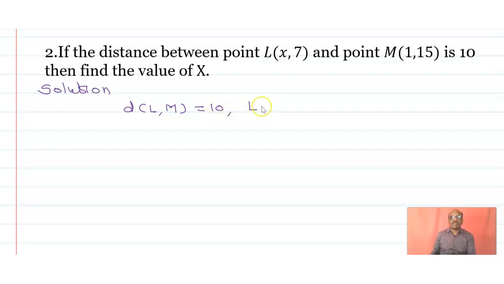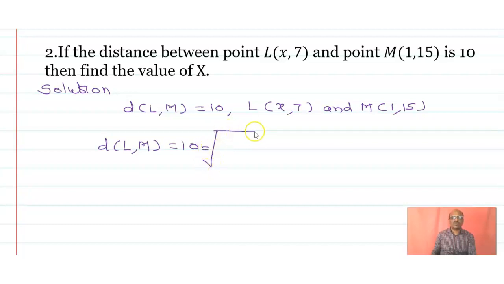The coordinate of L is (x, 7) and M is (1, 15). Therefore, distance LM is equal to 10.